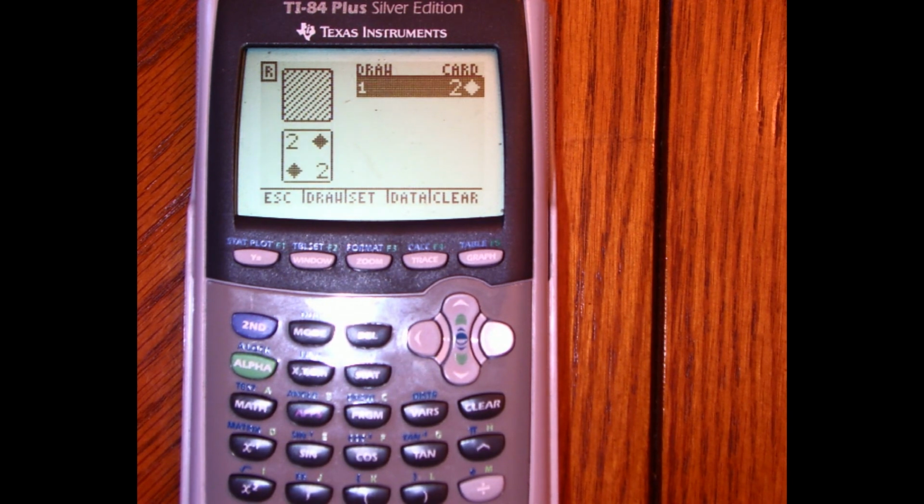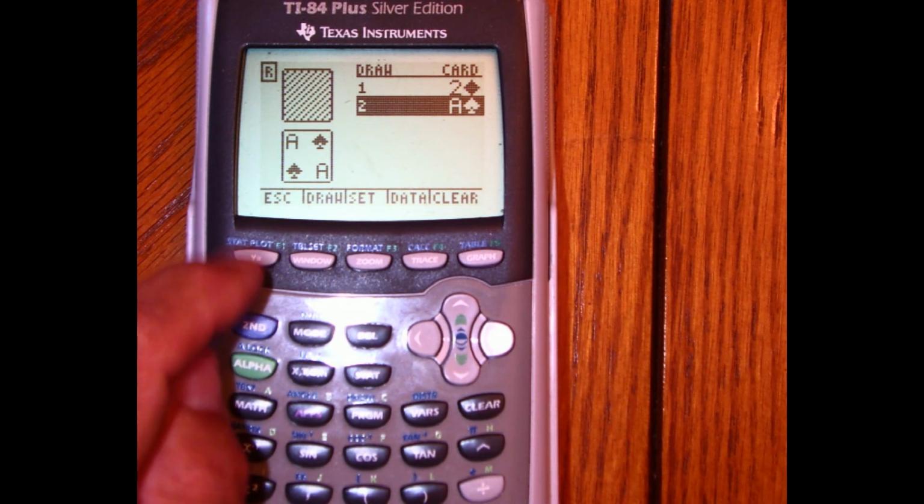So let's keep going. That's 2. We won on our second draw, so we got a 2 and an ace. And then again we would continue to do this simulation using the deck of cards program that we have on our calculator. So those are a few events we could do.